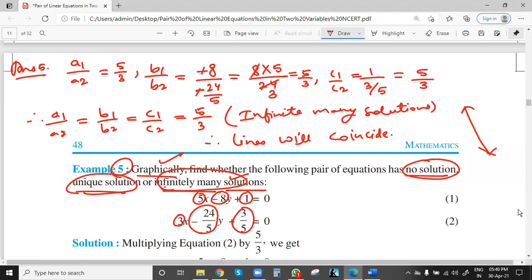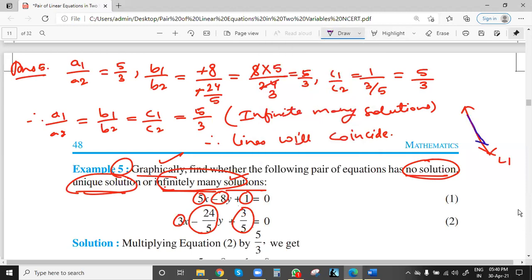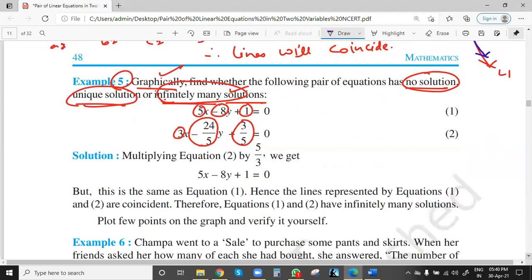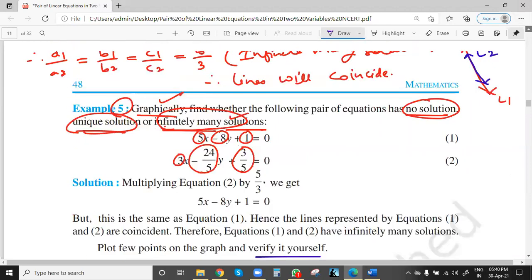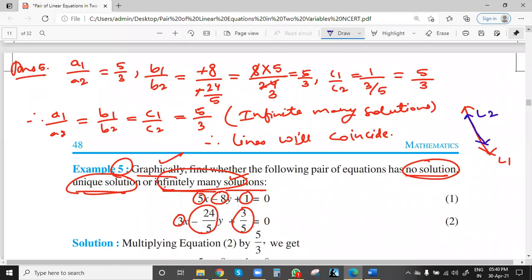Suppose this is line L1, then line L2 will also lie overlapping this line L1, like this. Okay. So these types of solutions we will get. Now coming to the answer they have written. So plot a few graphs and verify your result. No problem. So both the lines will coincide one over the other. That means we have infinitely many solutions.